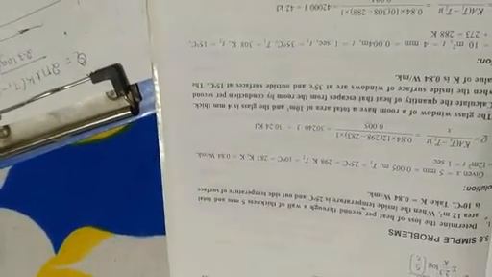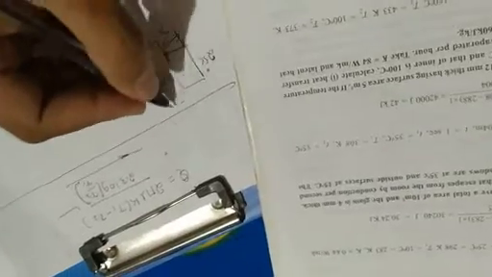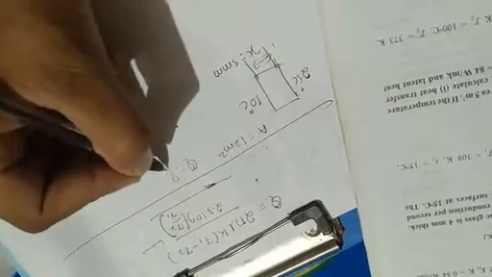Thickness x equals 5 millimeter and area equals 12 meter square. Q we need to find out.